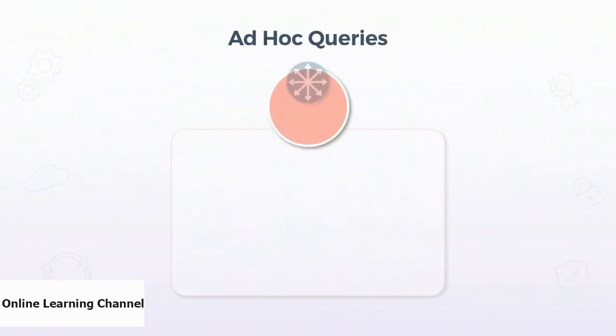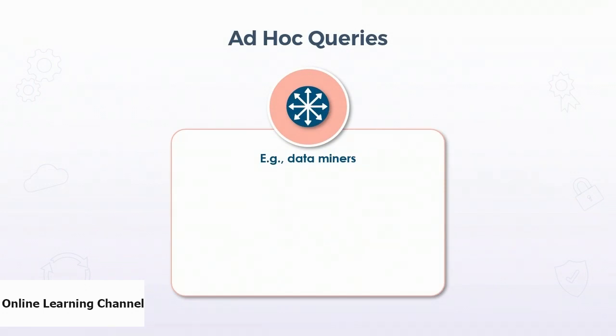Ad hoc queries. So ad hoc queries are created when questions arise that are not able to be solved with a predetermined or predefined data sets. Right? True ad hoc queries or data miners need to be supported by the data warehouse, because these users often use the data in random and unpredictable ways.